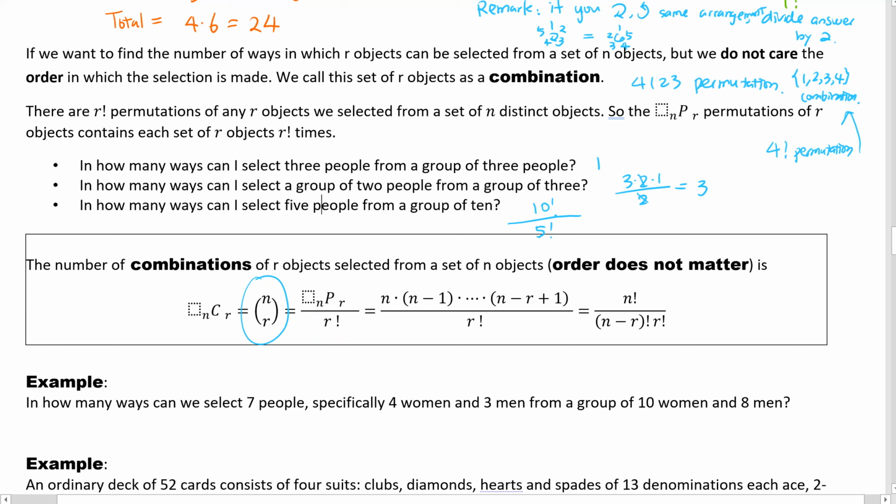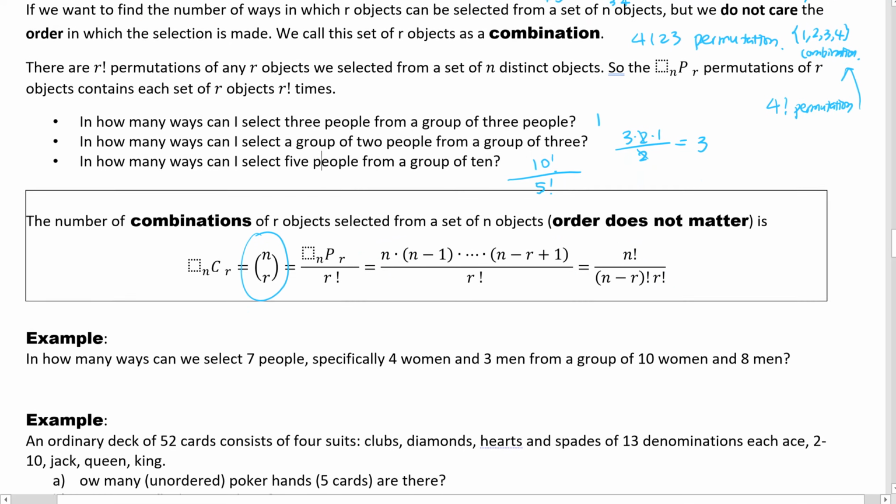That's N times N minus 1 times ... times N minus R plus 1. So we start with N, we count down for R numbers, and then divide by R factorial. But the permutations also equals N factorial over N minus R factorial. That's why for the combination, you just have an extra R factorial at the bottom. Okay?